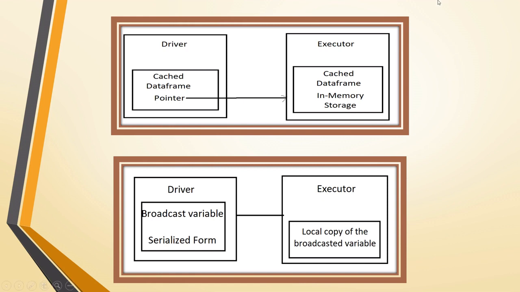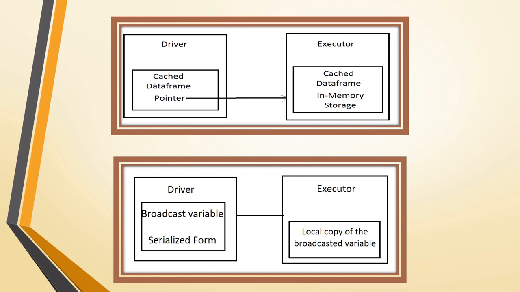When the data frame is cached, it stores in memory or on disk, or if we are mentioning any persist storage level, it will store at that level as per the Spark storage strategy. After the caching operation, the data frame is partitioned across all the executors in the cluster.